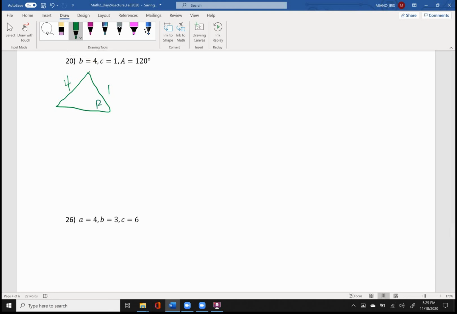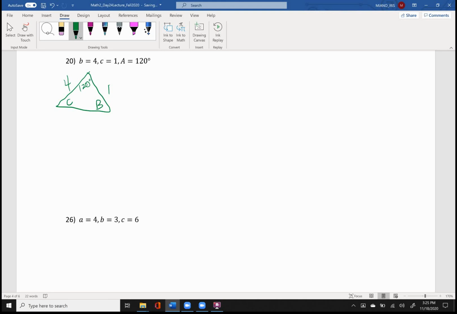So the opposite angle needs to be capital B, 1 needs to be capital C. So here's A, 120 degrees. Okay. And then we've got to, oh, let me clean that up a little bit. That's a little sloppy. It's 120 degrees.